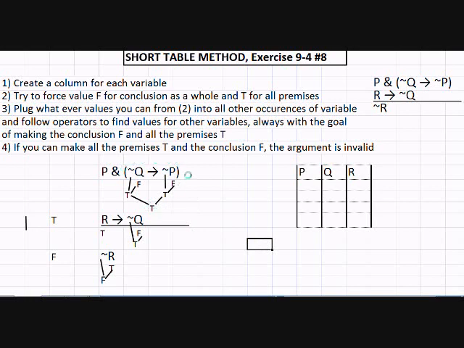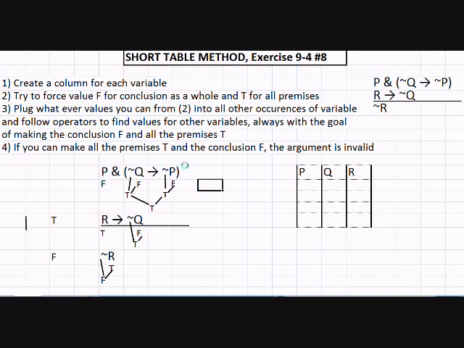Now notice this, since in order to make this entire conditional true, we had to plug in the value of F for P. Well, since we have to plug that value in to every other occurrence of the variable P, if we plug the value F into P in this instance, over here with this part of the conjunction, what do we have?